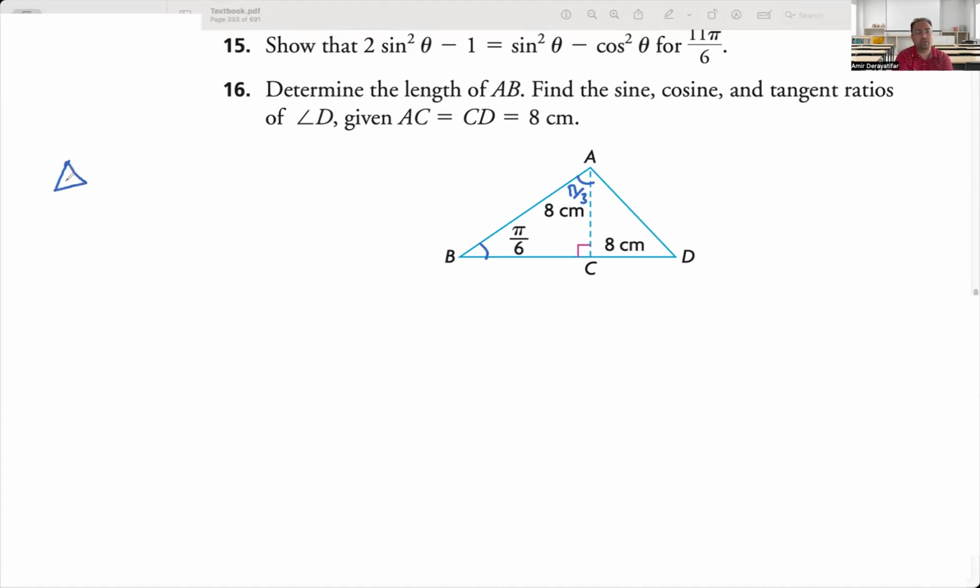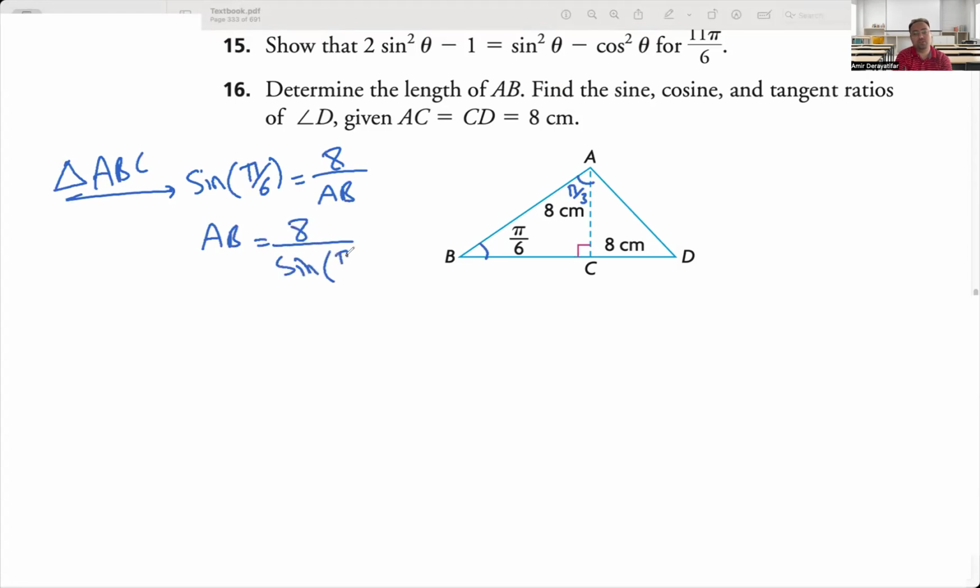So in triangle ABC, I'm going to do sine of B, which is pi over 6, is going to be opposite, which is 8, over hypotenuse, which is side AB. If you rearrange it, AB would be 8 divided by sine of pi over 6.